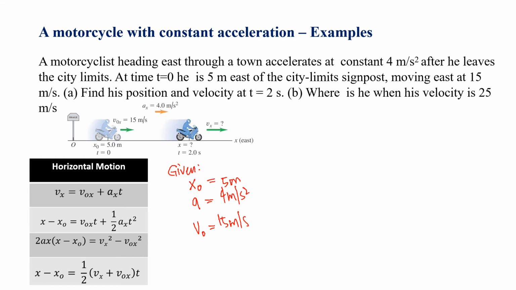For problem A, we have an additional given of time is equal to 2 seconds. Our target here is his position and velocity at time equals 2 seconds. That means your x and v at t equals 2 seconds. Which of the four equations can we use?